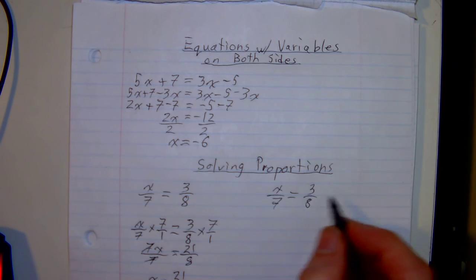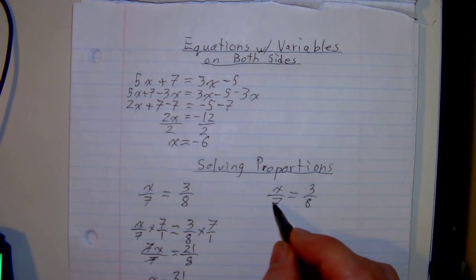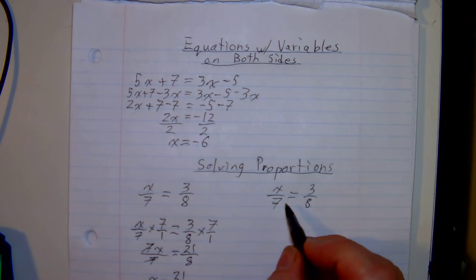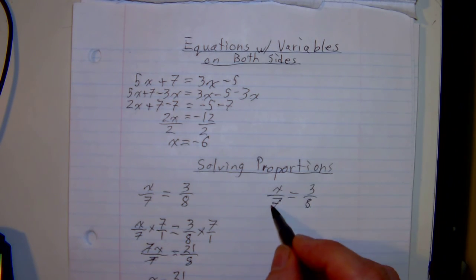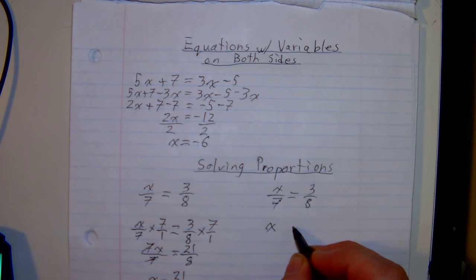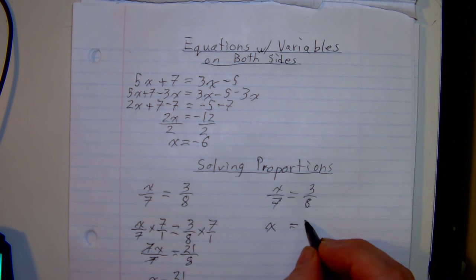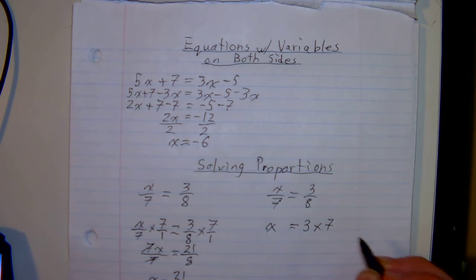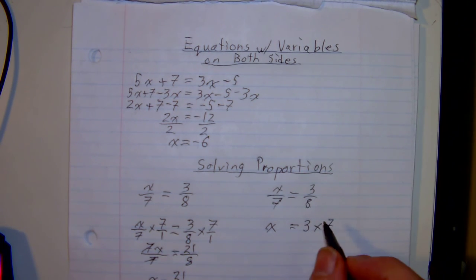So we're going to multiply both sides by 7, and we're going to multiply both sides by 8, both denominators. If we multiply this side by 7, it's going to cancel out over here. So multiplying this side by 7 just cancels out the denominator of 7, like we saw here. So that'll be left with x. Multiplying this side by 7 doesn't cancel out, so we have to show the times 7.